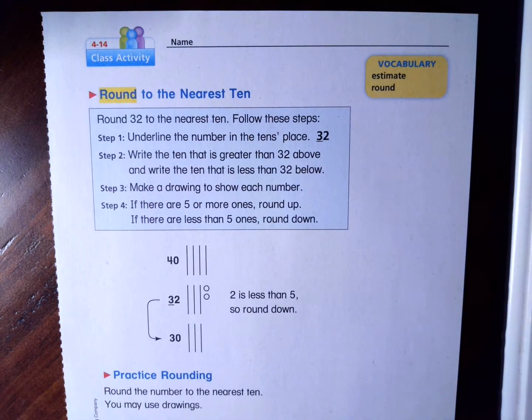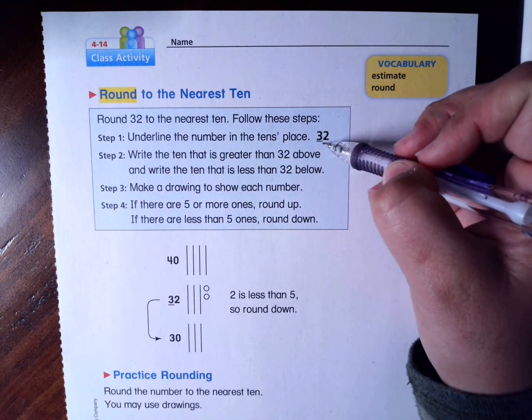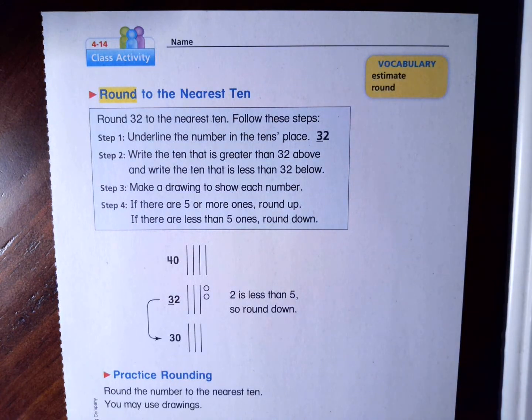And I do encourage you to do this at least for the first couple until you get used to it. But eventually, you might be able to just see how you need to round, okay? So you're going to underline the tens place because that's the one that we are going to be rounding to.